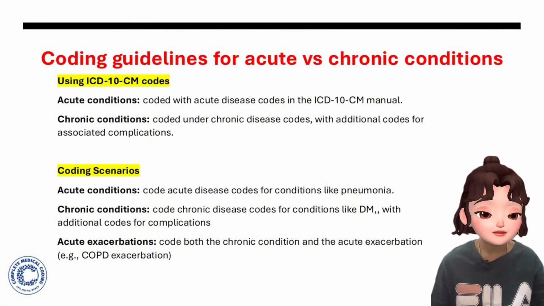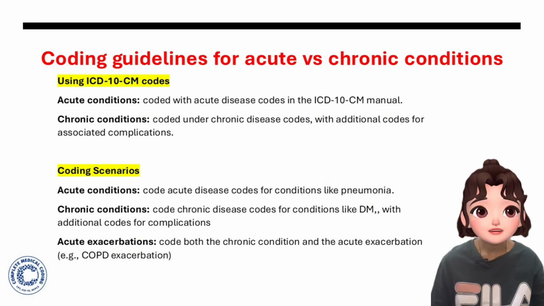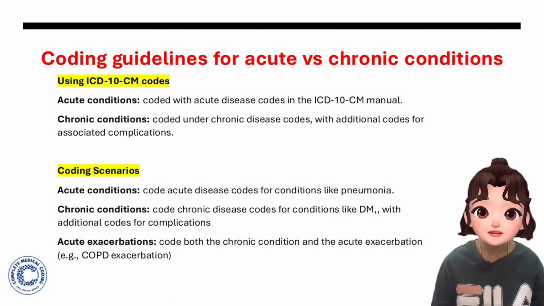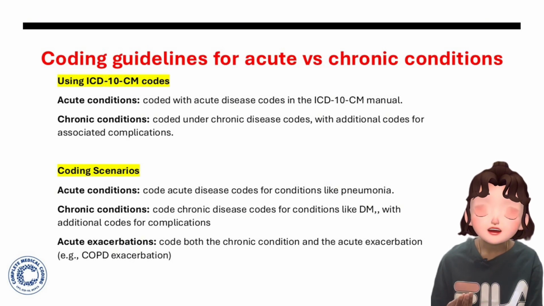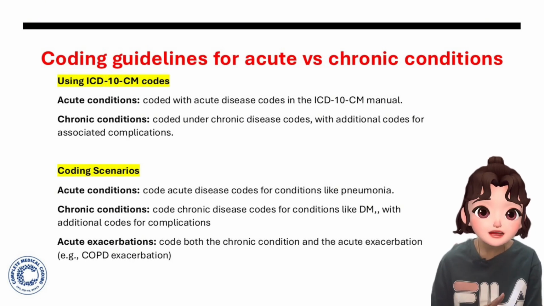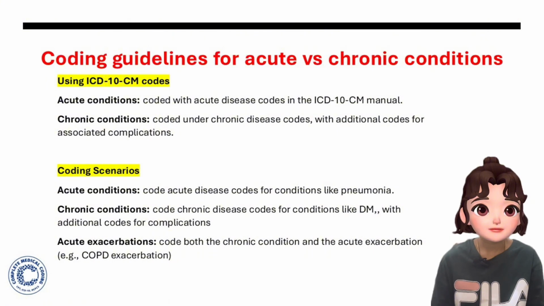Pneumonia is not chronic. Pneumonia is acute only. For chronic, if you take the same DM, you need to code DM along with any other complications for the patient. If any other complication is associated with this DM, you have to code that also. Okay. Now, coding scenarios.